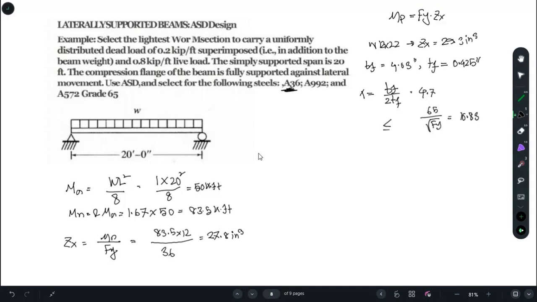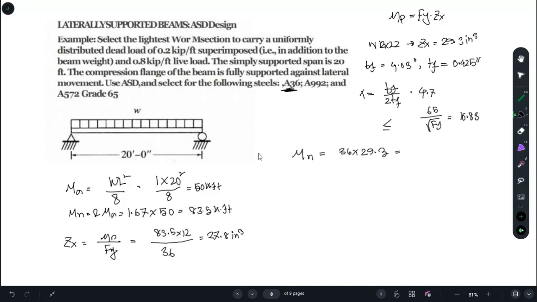Now we'll find the moment that we will get for the section we have selected. The moment is Fy, that was 36, times the Zx value, which is 29.3.